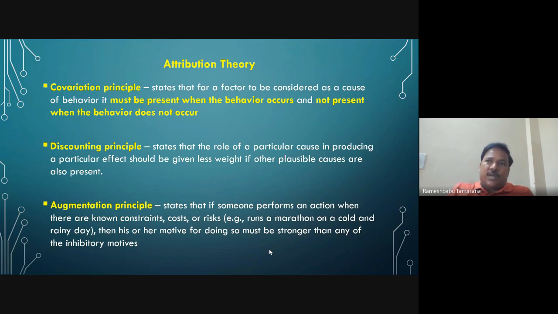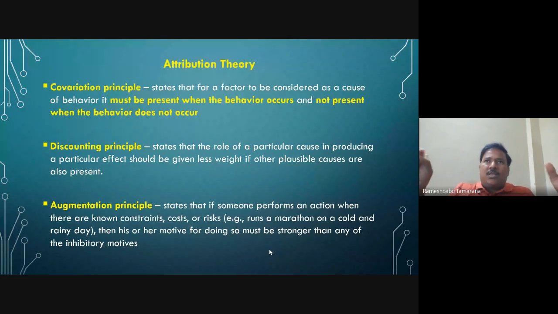But if you see someone running daily, irrespective of the weather or environmental conditions, then his or her motive for doing so must be greater than any of the inhibitory motives. What is inhibitory? Say, for example, innate motives.